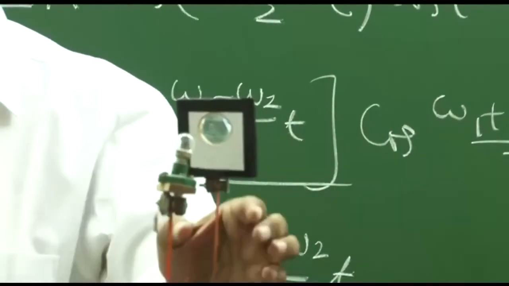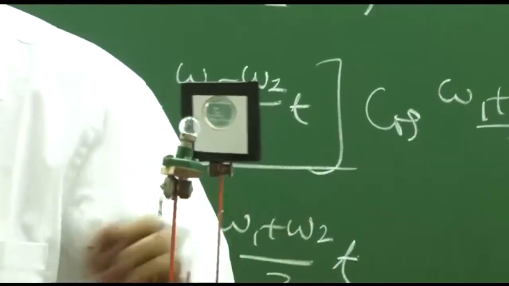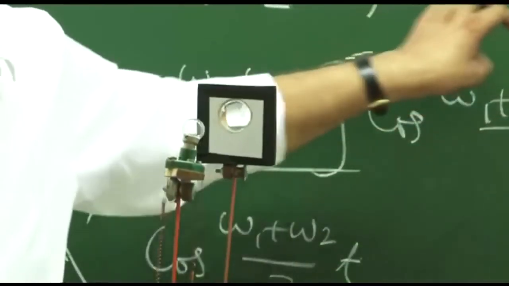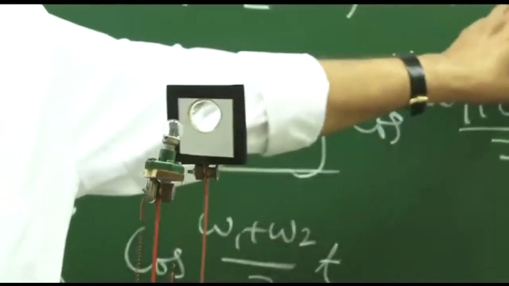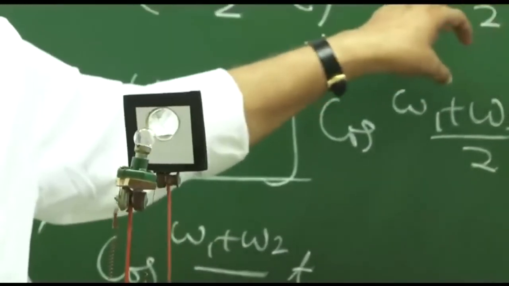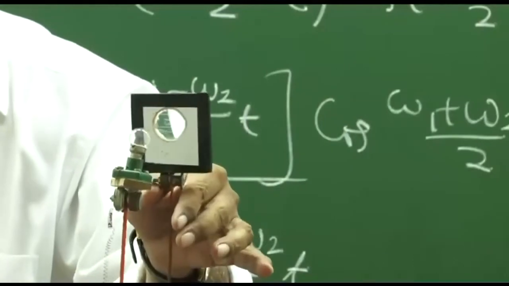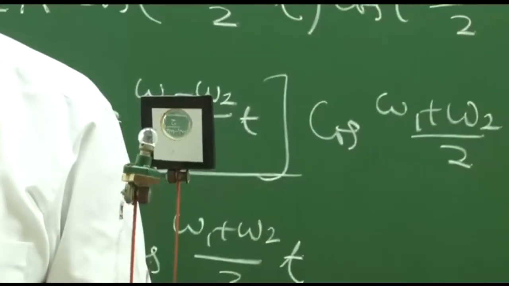And if I oscillate this lens, the image will oscillate and the frequency will be the same as the frequency of this lens.